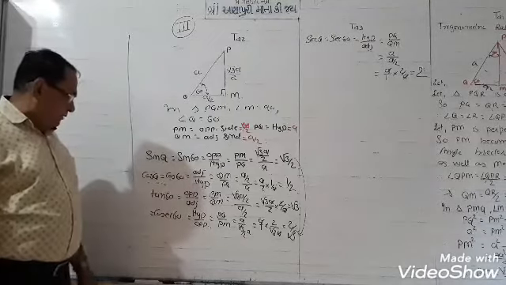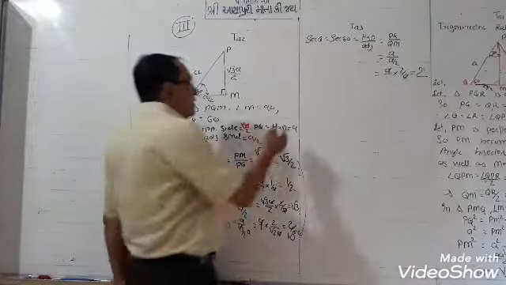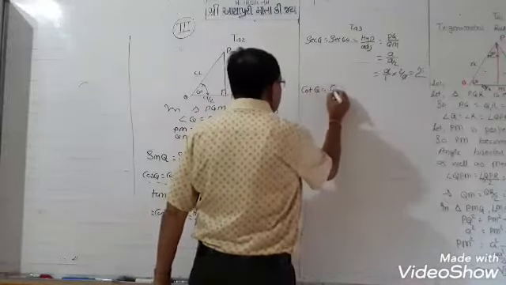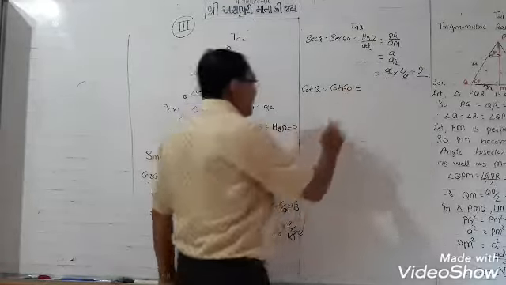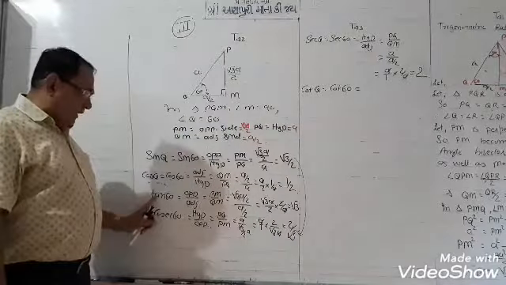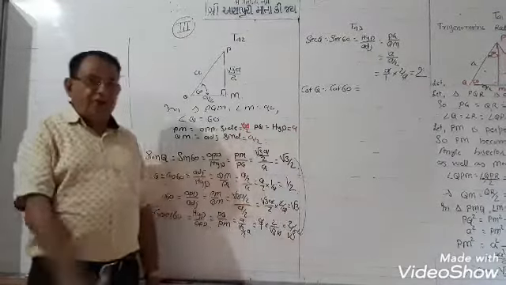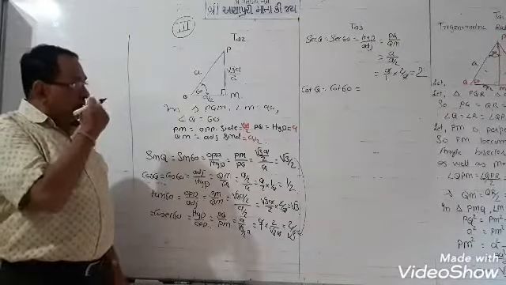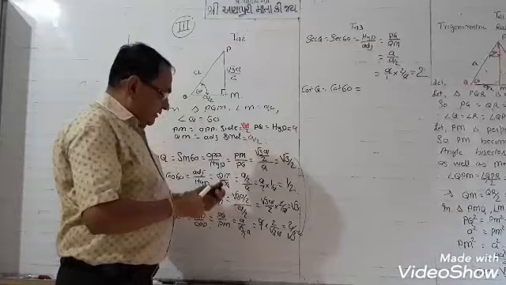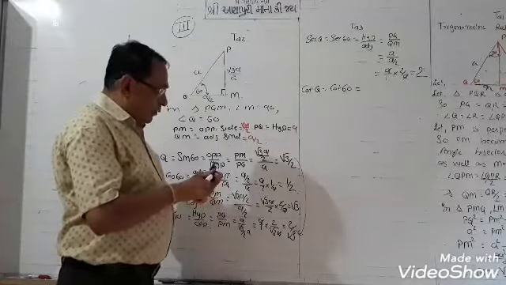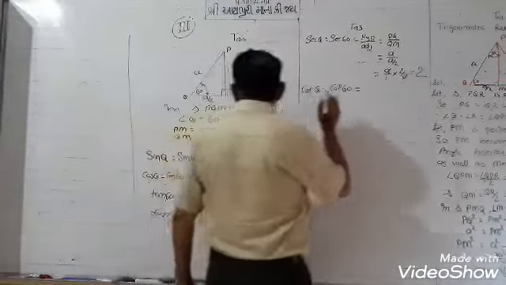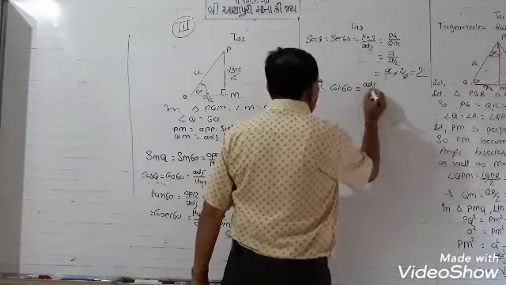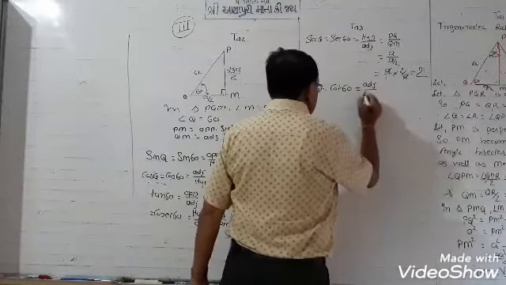Now tell me what is meant by cot 60. What is cot 60? Cot of Q is equal to cot of 60. Tell me what is the value of cot of 60? It is the inverse of tan, so 1 over root 3. How is it? See here. Cot 60 is equal to adjacent side upon opposite side.